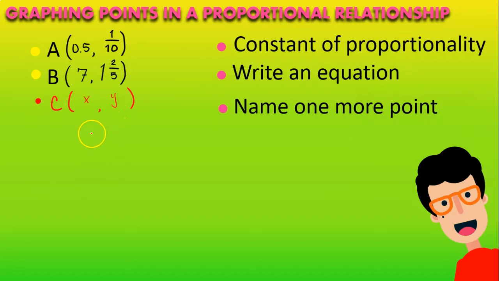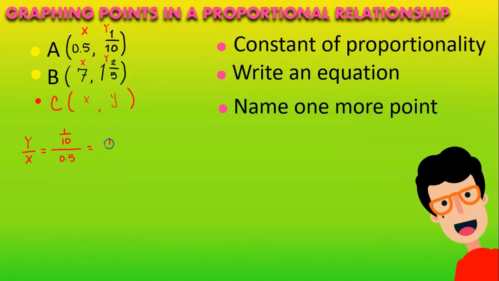Now, do you remember how to find the constant of proportionality? Let's take point A. Remember that the first number is always going to be X and the second one is going to be Y. The same thing goes for point B. So in point A, we have Y divided by X. Y is going to be 1/10 and X is going to be 0.5.